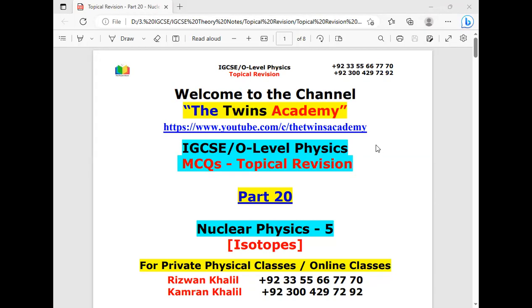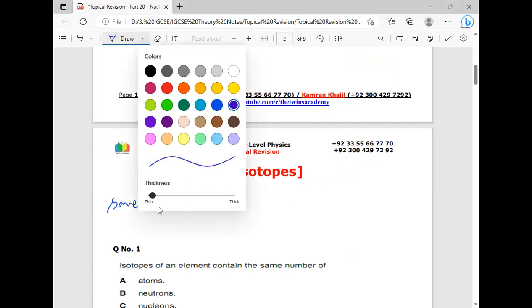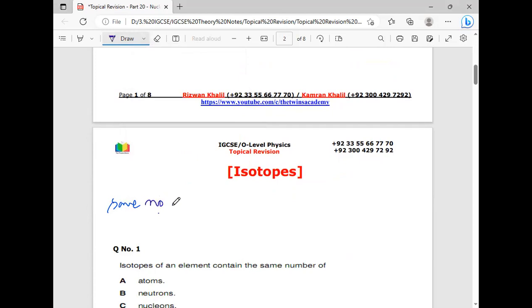So first of all, can anyone tell what is the definition of isotope? Isotopes are the atoms of an element having the same number of protons but different number of neutrons.